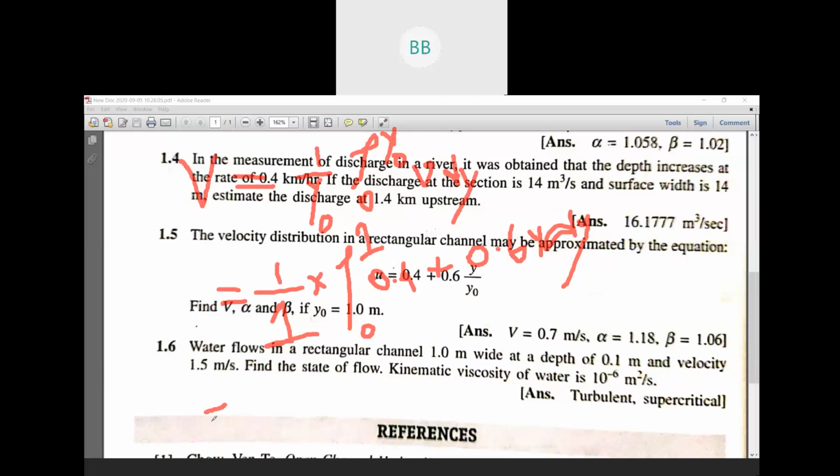So 1 by 1 is 1. Now we have to integrate separately as we have addition. If we had multiplication, then we would bring out the constant term and integrate for y. As we have addition, we have to integrate separately.